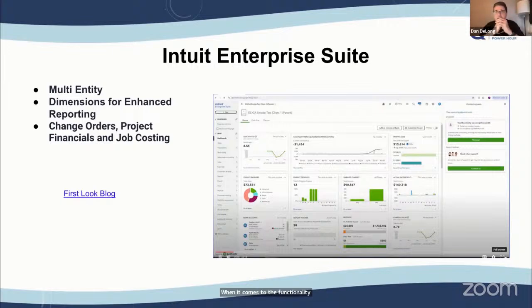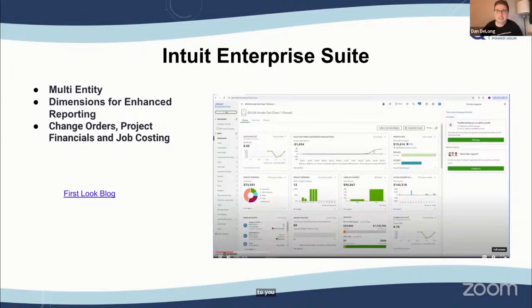They're not making any claim that this is QuickBooks Enterprise Desktop in the cloud, right? They're clearly not making any type of claim of those types of things. But I think what they are seeing is that there's companies that have 5 QuickBooks Online subscriptions, or Advanced, and they're trying to do the things.